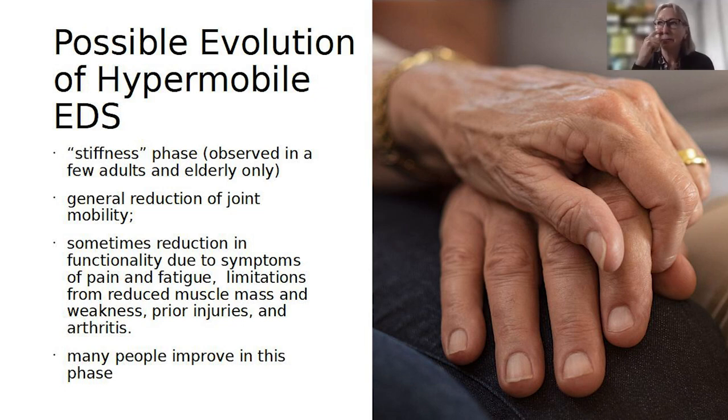So when people in the health profession are taking a history, if they come across someone who presents late in life, joint hypermobility may not be a feature, but it will have been in their past. So it's very important to take that into consideration.